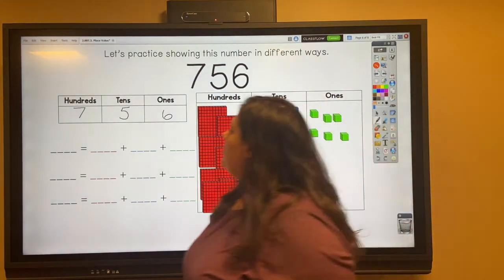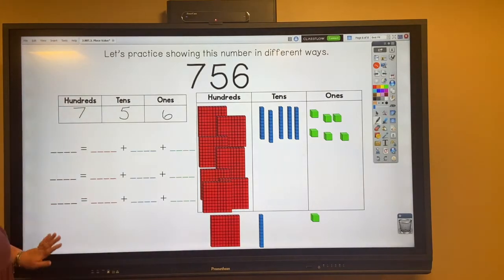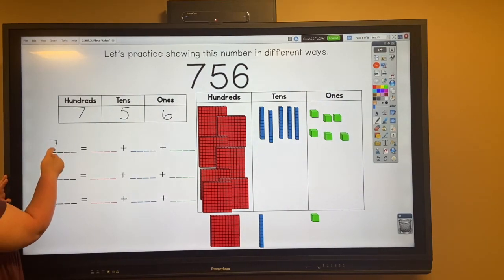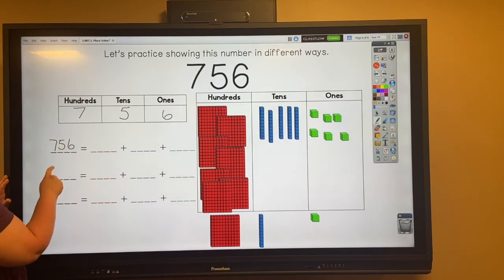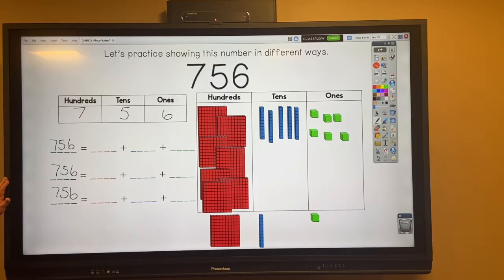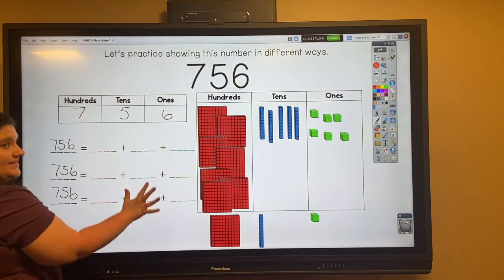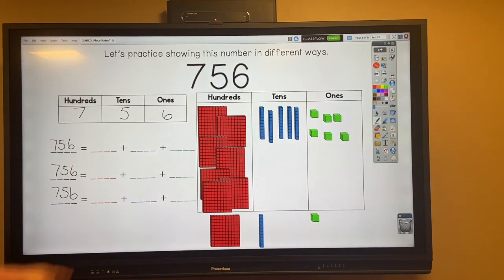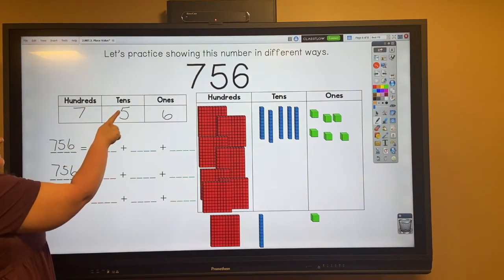And then I'm also going to go over here to my addition sentences, and I'm going to think of 3 different ways to show 756. This part right here is equal to, so I'm going to fill in the blanks with 756. What this means is that my right side needs to all equal up to 756. Now this first way is pretty easy because I'm just going to use 7, 5, and 6.